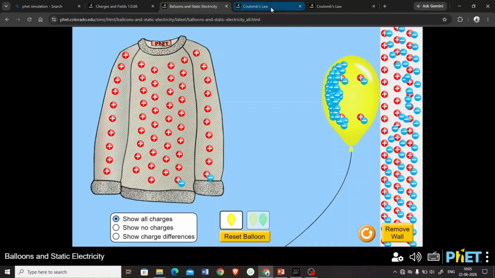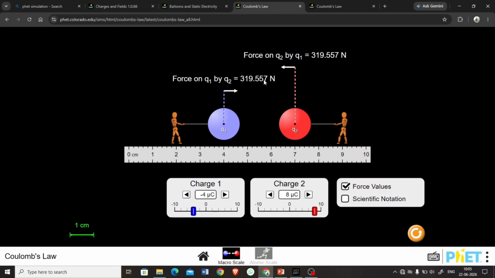Now, for Coulomb's law, let's take charge 1 as minus 4 microcoulomb, charge 2 as 8 microcoulomb. You can see here the force on Q1 by Q2, the force on Q1 due to Q2, which is 319.557 Newton, and the force on Q2 by Q1, which is the same. Now, if I change charge 1, the values will be different.